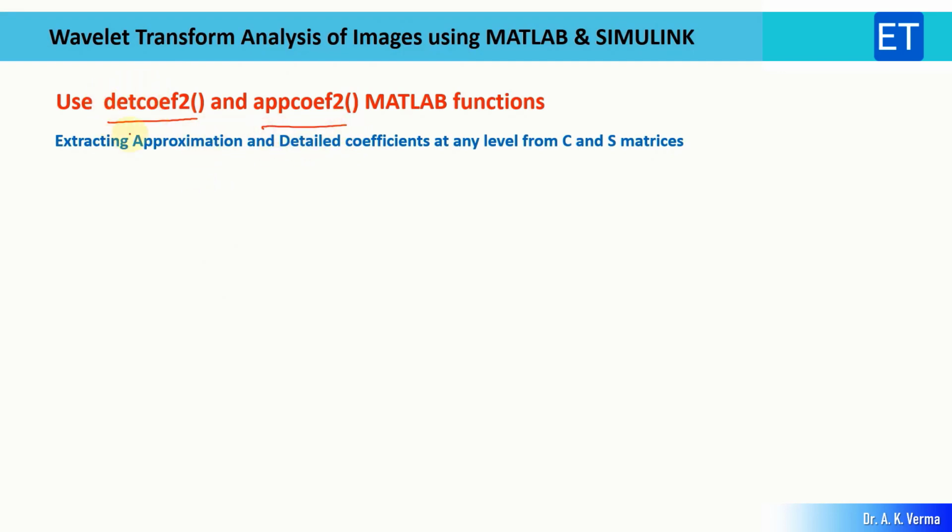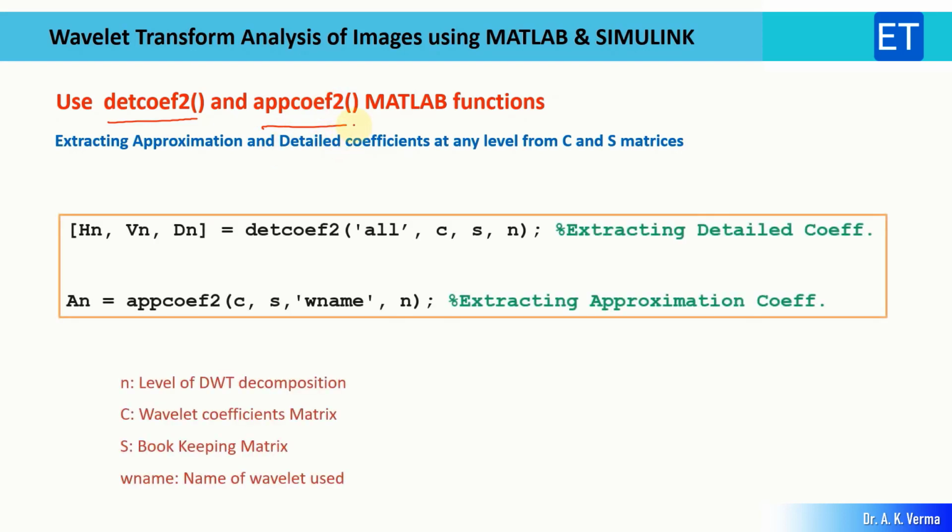When you execute detcoef2, it will extract all the detail coefficients, I mean the CV, CH and CD at a particular demanded level. And if you execute appcoef2, it will return the approximation coefficient matrix at the desired level. Okay, so let's see the syntax.